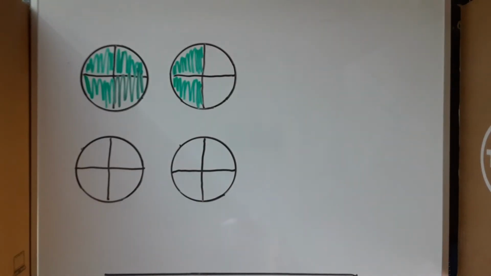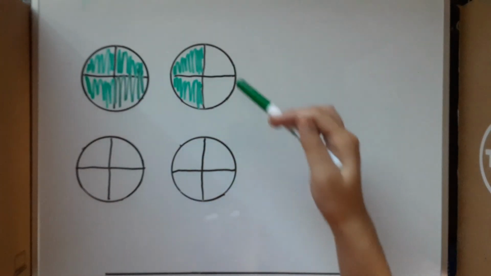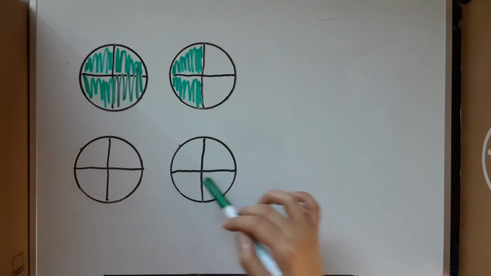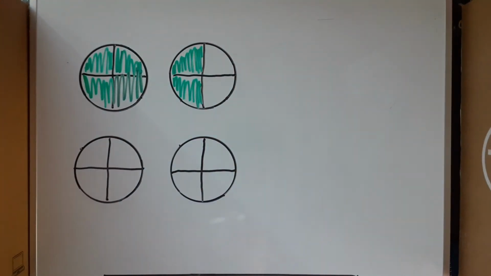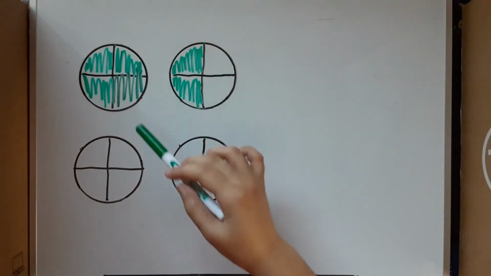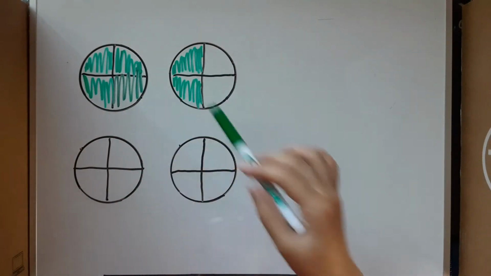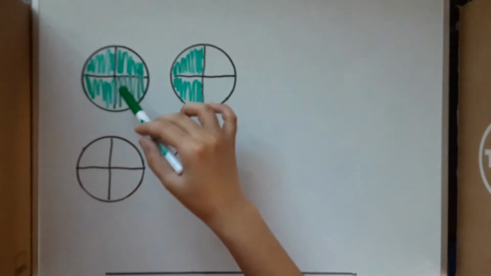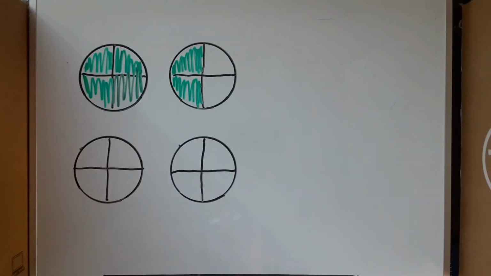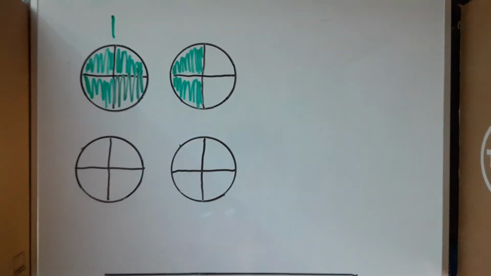When counting fractions, like you can see here, these 4 circles are cut up into 4 different pieces. Each circle represents 1. However, the filled in parts don't fully fill in all of the circles. This circle has all 4 parts shaded in, so that would count as one whole circle.